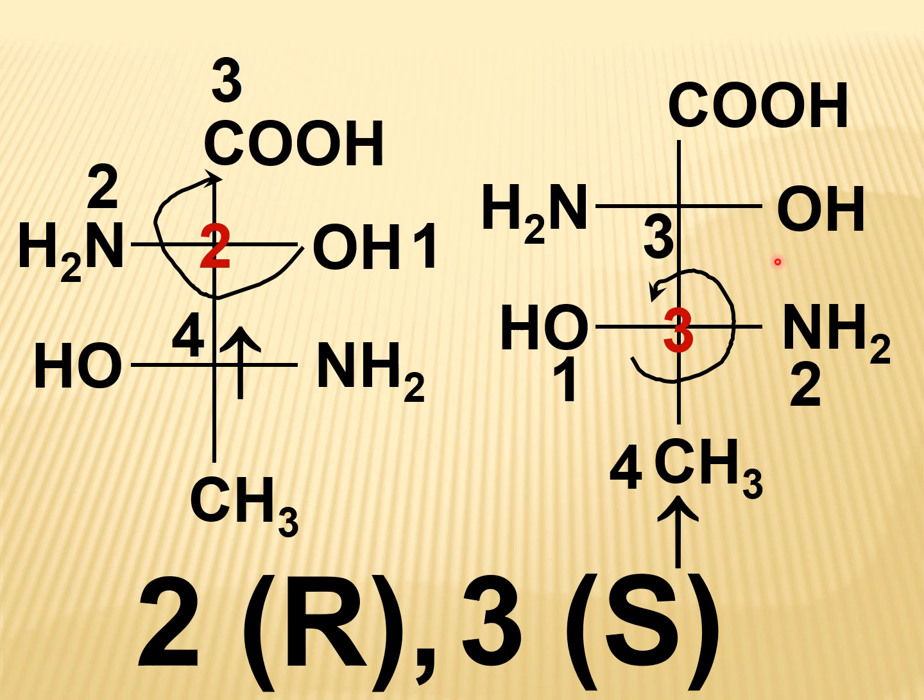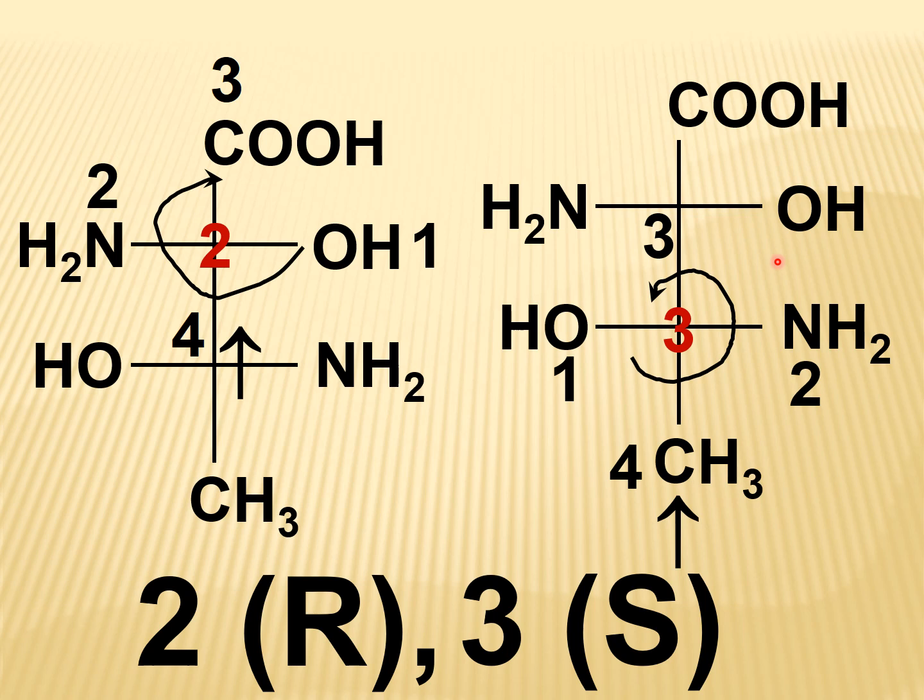So this is how we can assign R and S notation to the different optical isomers. R and S stand for rectus and sinister. Rectus means right, sinister means left. First you have to assign priorities to the different groups, and then you have to move from the first to the third priority.